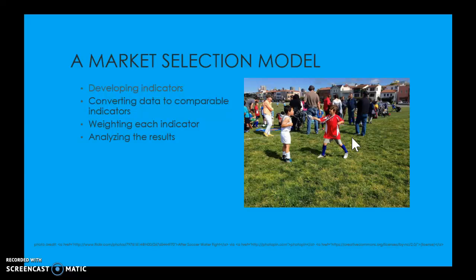If you're assuming, and I am assuming, that selling soccer lessons hasn't been a big deal in China to date, you'd probably want to look at proxy variables. You could look at how many soccer balls are sold. You could look at what types of schools they have, the ages in those schools, and then weight the indicators accordingly. So something that's considered very, very critical to your product, you would weight more heavily. And then take a look at the results and see if it looks like a viable market.